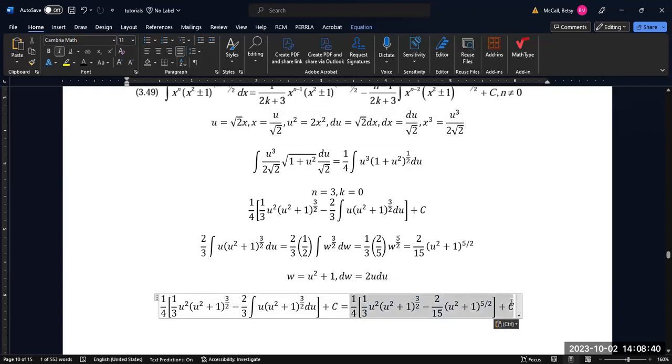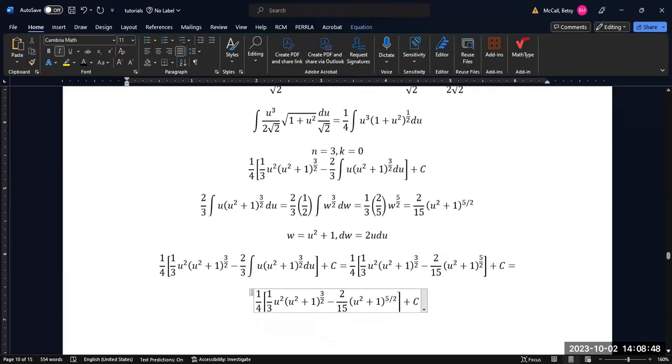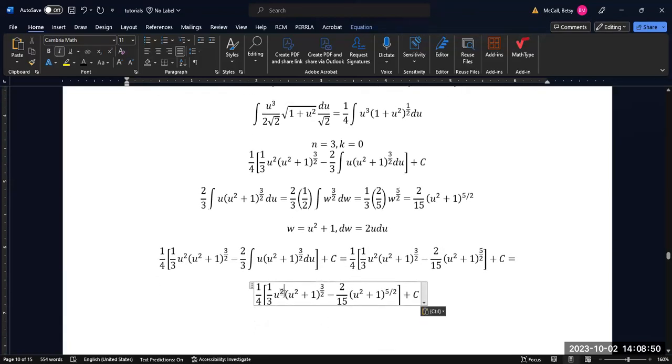And finally, we're going to get back to the x that we started with. U squared is going to become 2x squared, and this u squared is going to become 2x squared, and this u squared is going to become 2x squared.